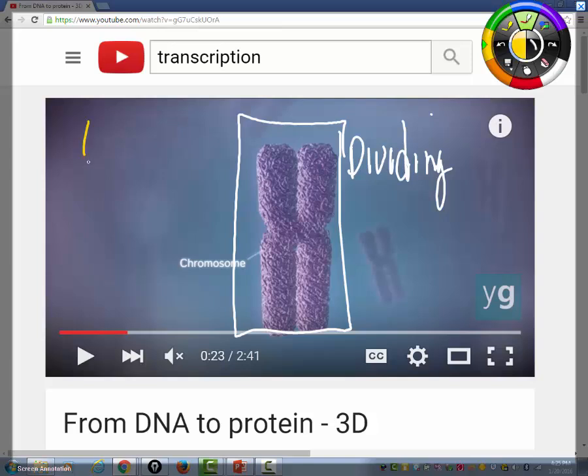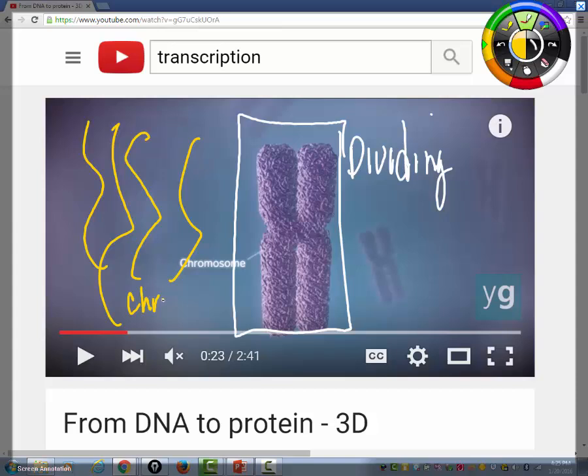What you will see is loose unraveled DNA ready to make some proteins. And loose unraveled DNA ready to make some proteins is called chromatin. And I'm simplifying this a little bit, but that's okay. So that's the difference between chromosomes and chromatin.